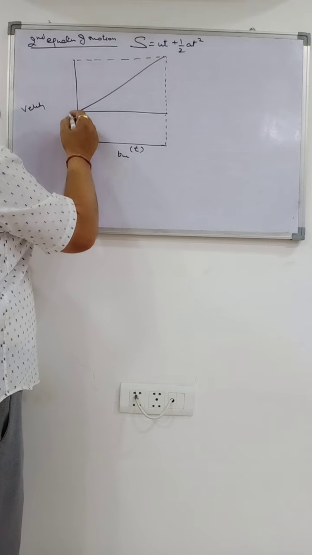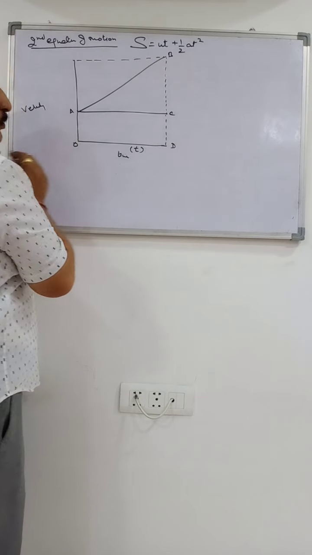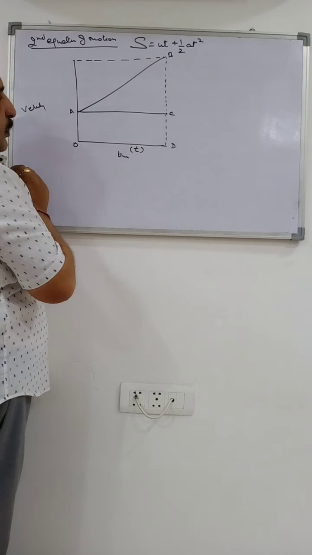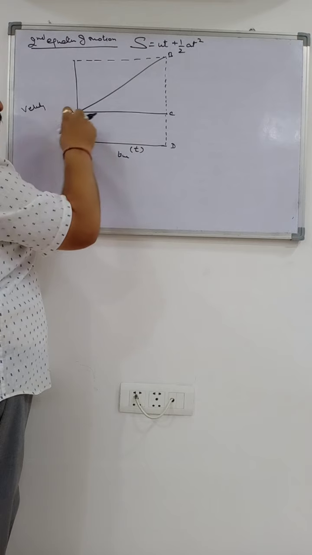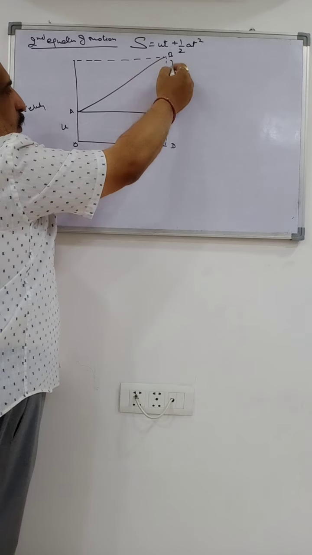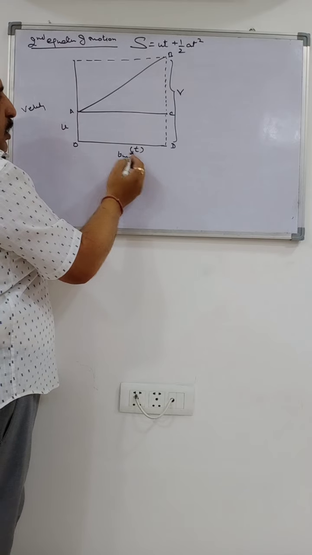Label the points O, A, B, C, D. This is the initial velocity u, and this is the final velocity v. This is t.